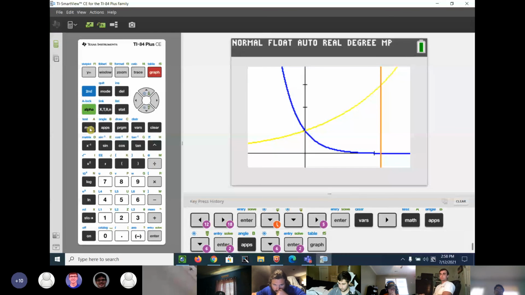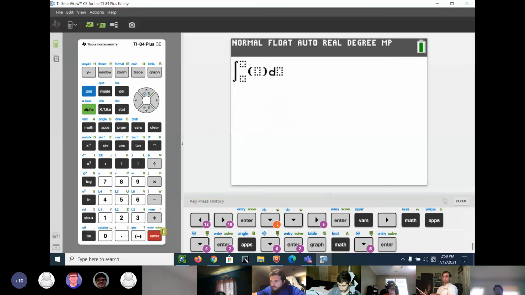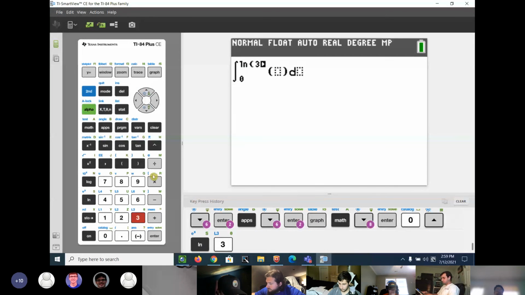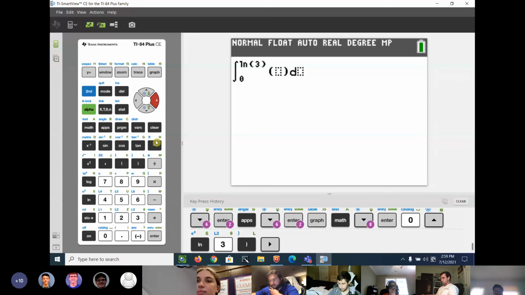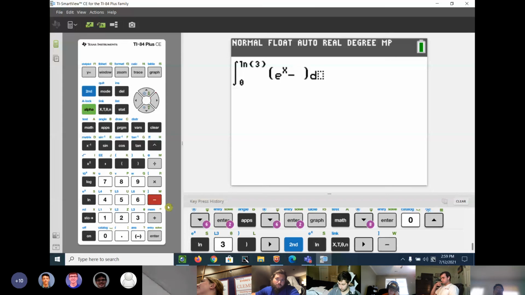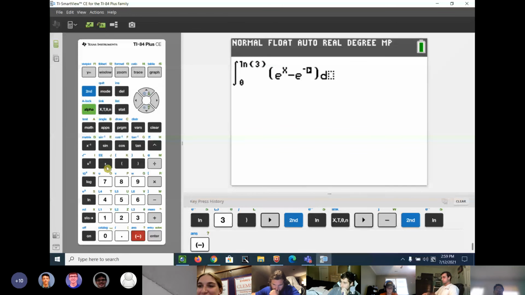Math, antiderivative, from 0 to the natural log of 3. e to the x minus e to the negative 4x, and dx.